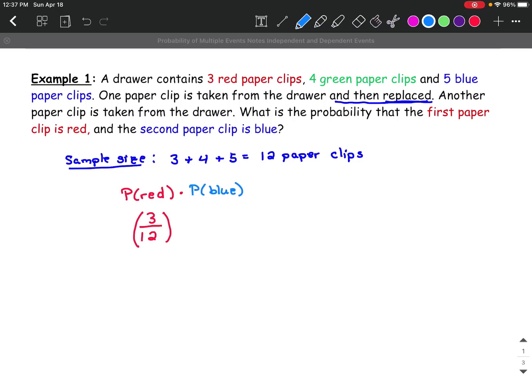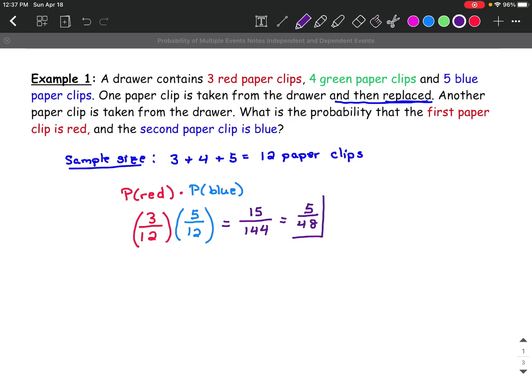Now when we reach in, there are 5 blue paper clips out of the 12 paper clips. Okay, so if we go ahead and do some multiplication, 3 times 5 is 15, over 12 times 12 is 144, and we're going to simplify that to 5 over 48.